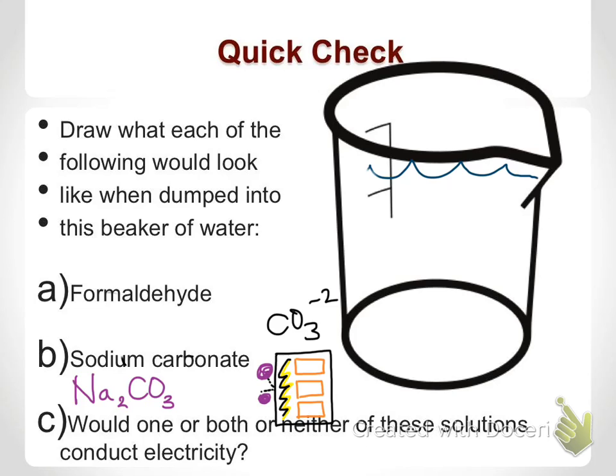So, if I dump that guy in there, then the ionic bonds should dissociate, because if you look at your solubility chart, sodium carbonate, like all sodium compounds, is soluble. So what's going to happen here is that the ionic bonds will dissociate, meaning you're going to have two sodiums dissociated from that carbonate ion, which is the whole box.